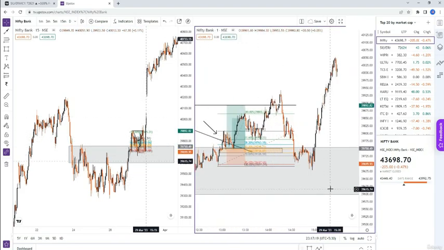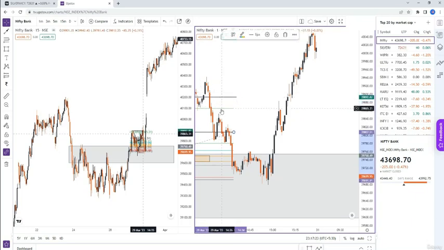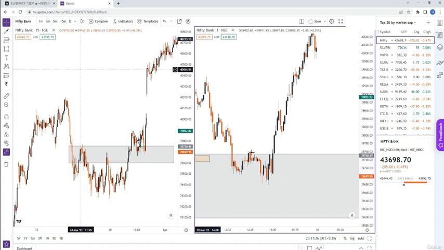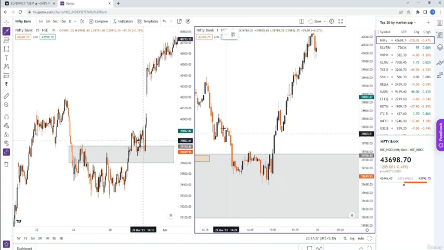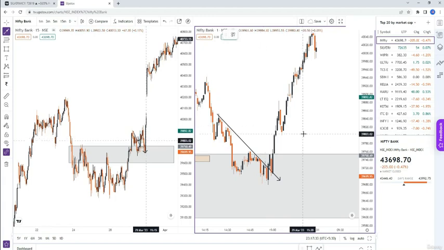And then again it came to the zone. Again it came to the zone. You can draw a trend line like this. The breakout trader can take an entry on this, maybe in this candle.